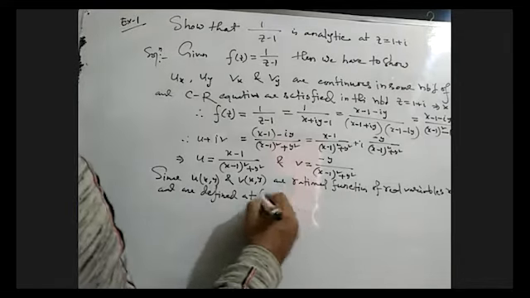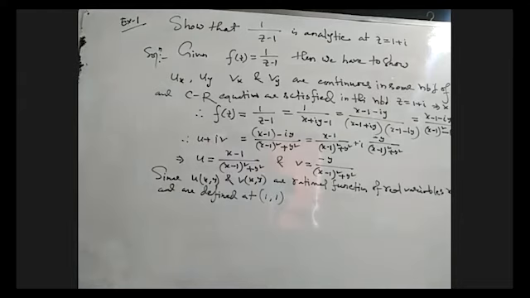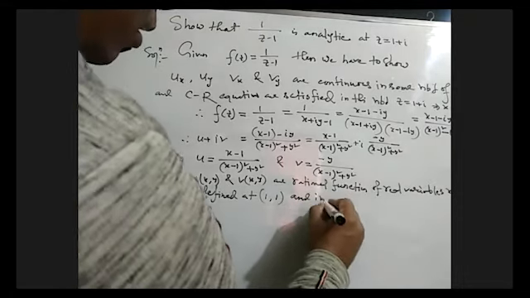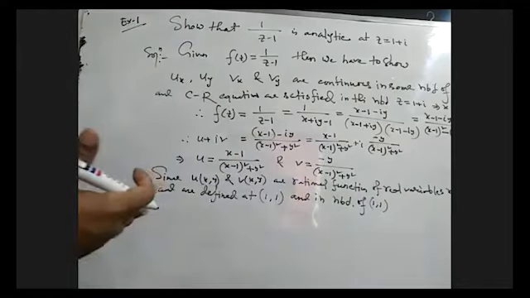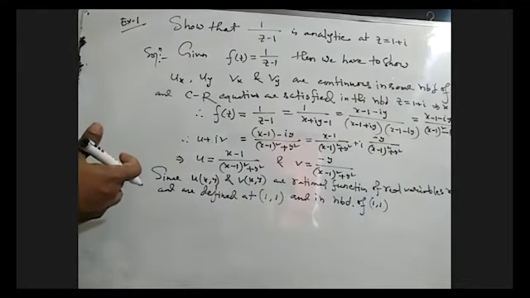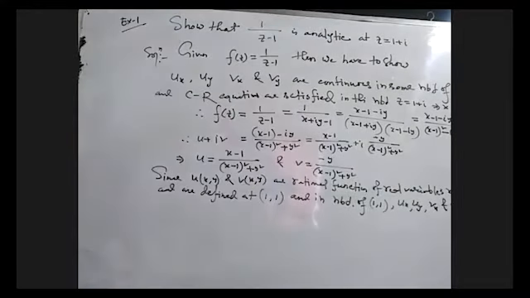So at 1, 1, and in a neighborhood of 1, 1, all these partial derivatives will be continuous. ux, uy, vx and vy exist. Understanding everybody?